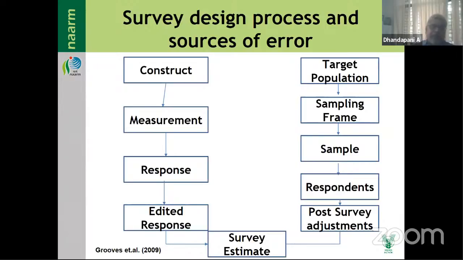And another one is that I ask a certain question, and the person who is responding might have understood it in a different way, so some kind of error will be there. This is typically a measurement error or a response error. Recall errors, all these things will come here. Then from the response to the edited response, in the sense that you are converting this into a data file, or constructing an electronic file.